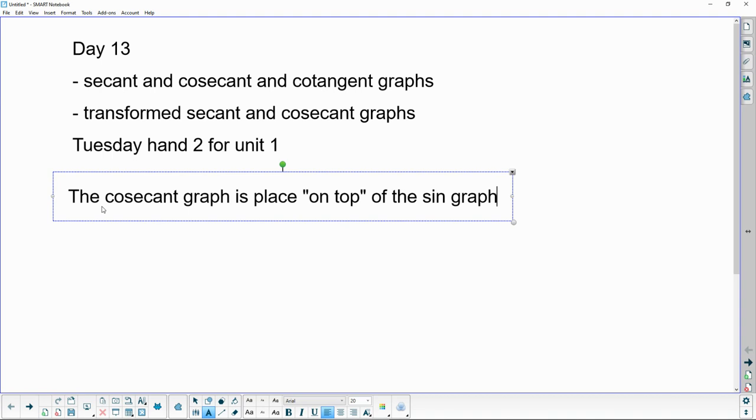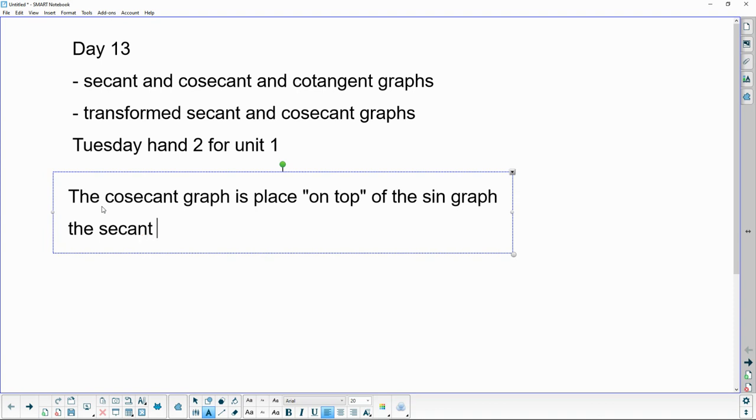And likewise the secant graph is placed on top of the cosine graph. Okay, so it looks something like this.